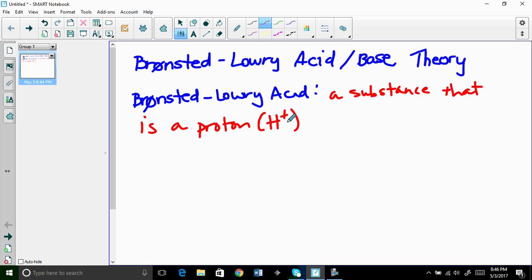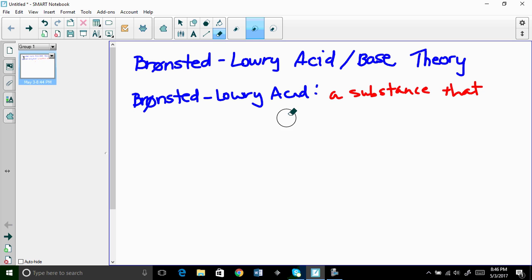When you take hydrogen, which only has one proton, one electron, zero neutrons, and you give the only electron away, it becomes a bare nucleus with just one proton in it. And so an acid is a substance that, oh sorry, I missed a word, hold on. I was going to say that is a proton donor because that's how my other book says it.